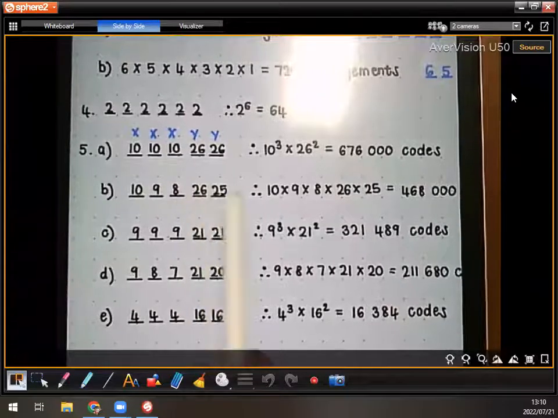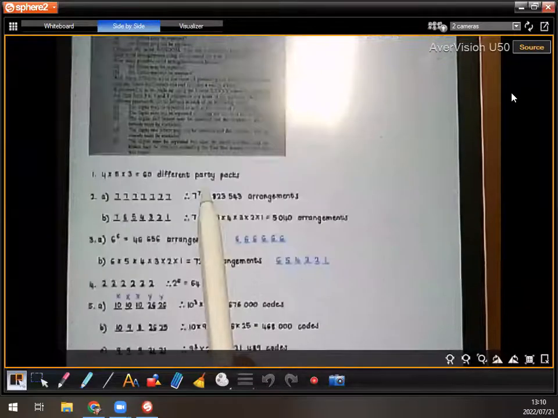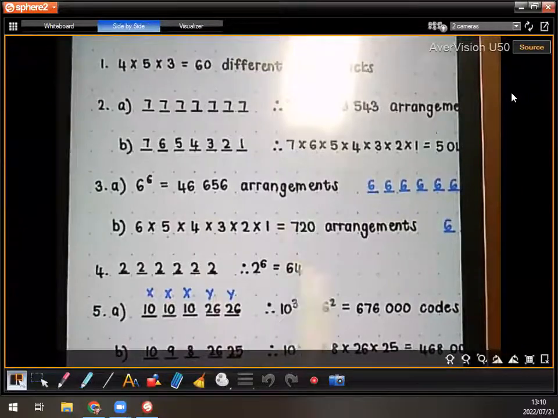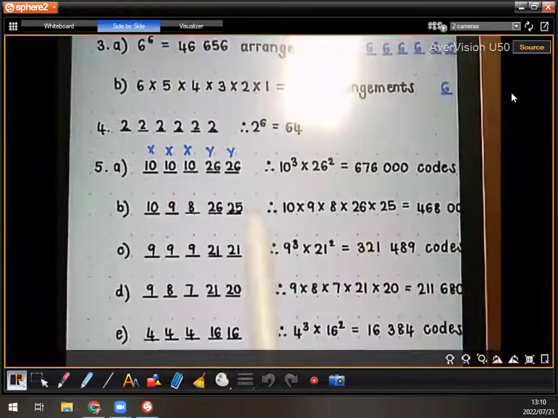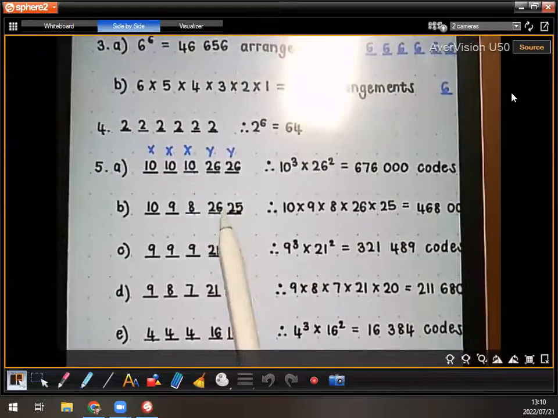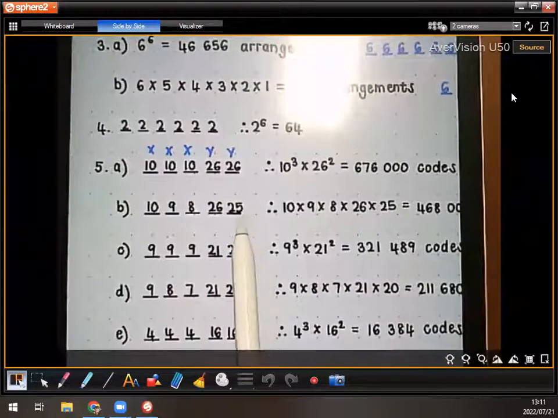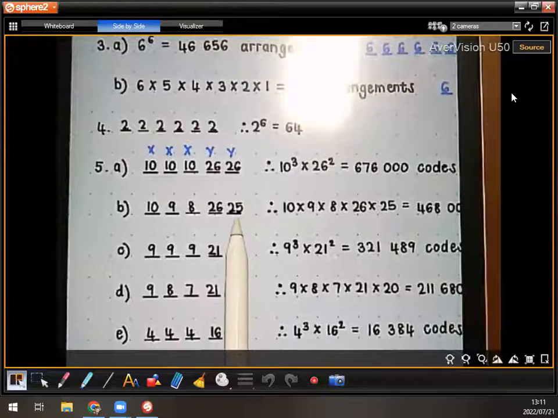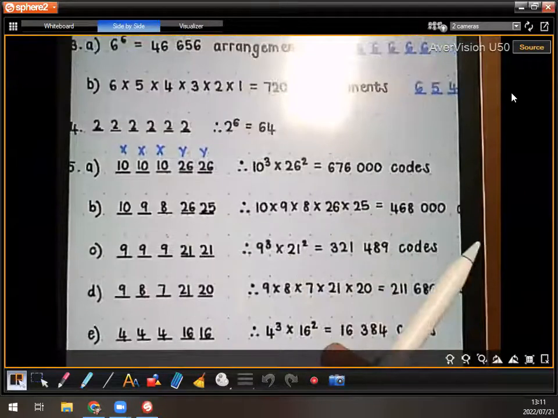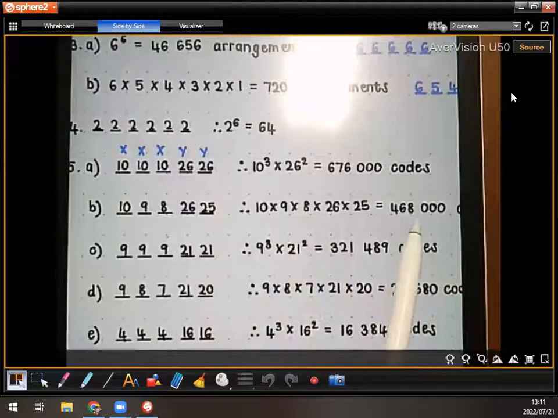If we're looking at the letters of the alphabet, you can choose any letter for the first one, but now the one that you use there, you can't use again, so you only have 25 options for the next one. Okay, you just multiply them together and get your answer.